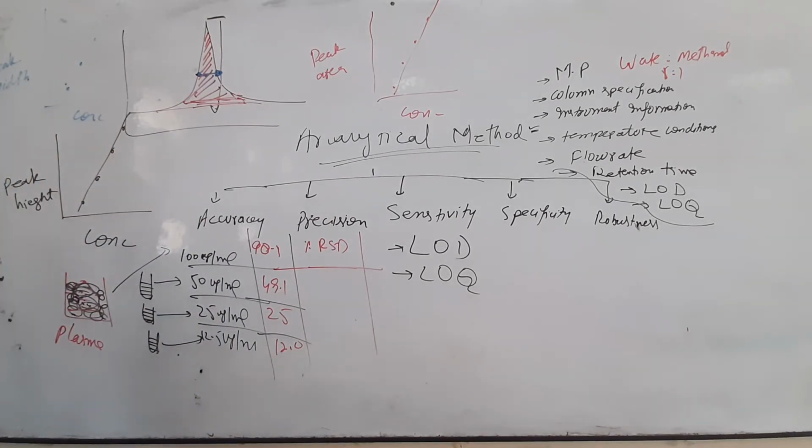The answer is, we have to make some changes. What type of changes do we need? First of all, we have to extract the amount of drug from the plasma. For the sake of extraction, for the removal of the pure drug from the plasma, we will perform a process of deproteinization.